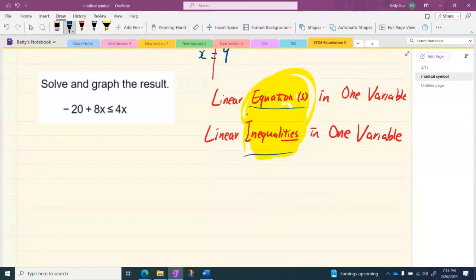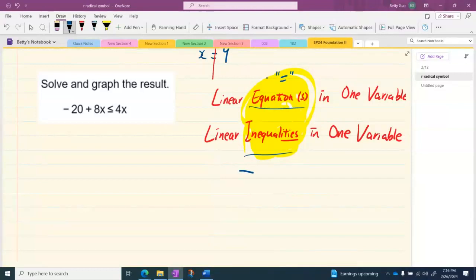And what is inequality? Equation has an equal sign, so that makes it an equation. And inequality has inequality symbols. And what are inequality symbols? We have the following inequality symbols.